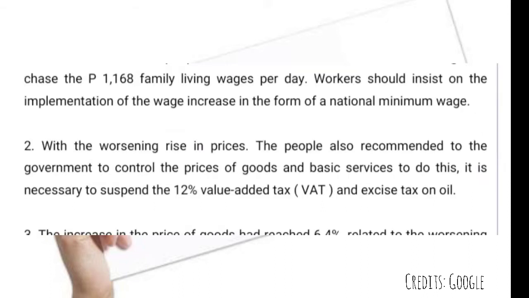Number 2, with the worsening price, the people also recommended to the government to control the price of goods and basic services. To do this, it is necessary to suspend the 12% value added tax, VAT, and excise tax on oil.